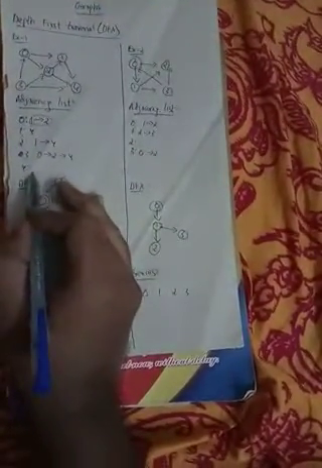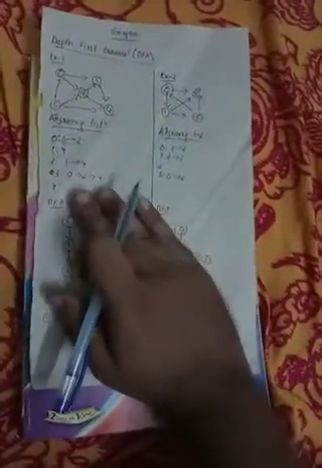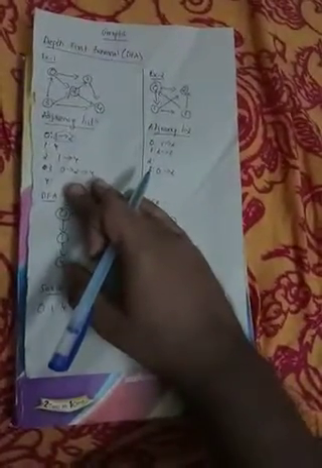It is 4, so we'll write 4. So we came to 4. For 4 we don't have anything in its adjacency list, so from 4 we'll go back to 1.